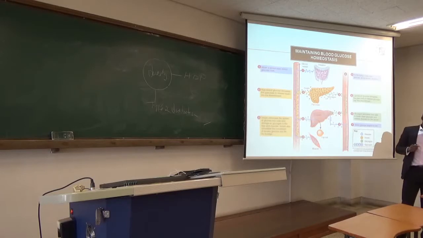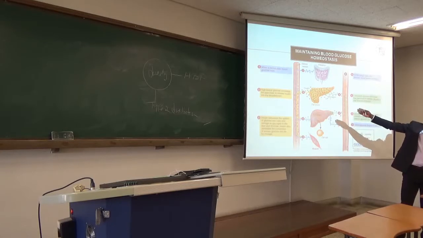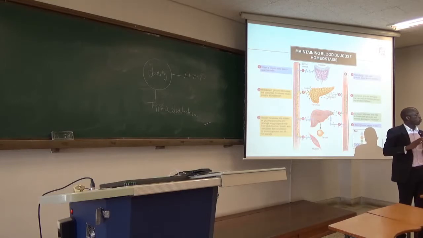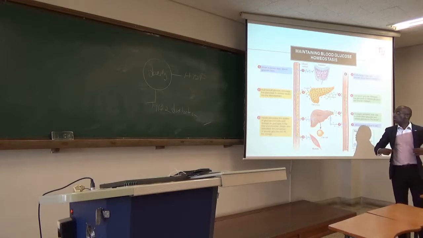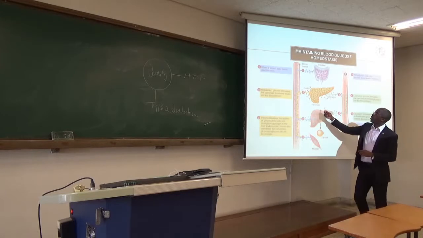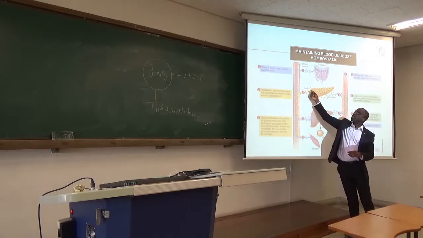So now what do we have? Sugar in the blood, right? But we don't want too much sugar in the blood. Our body is a nice organized machine. So what happens is the pancreas will be making this guy that we call insulin.